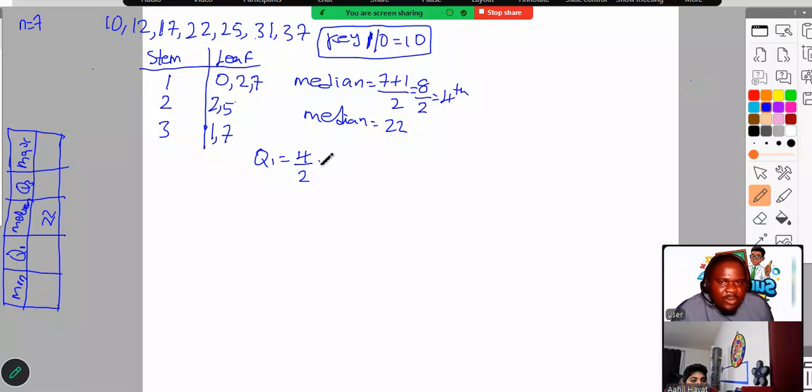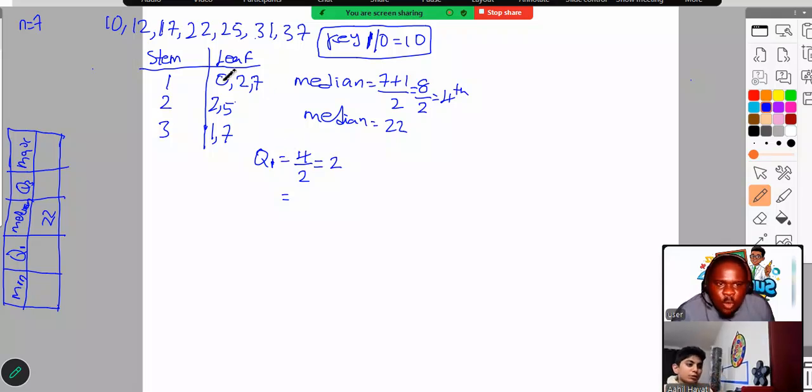So 4 divided by 2 will give us what? 2. So since we are talking about the first quartile, we are going to count 2. The second number from the top will give us our first quartile. Concentrate. Let's go now.